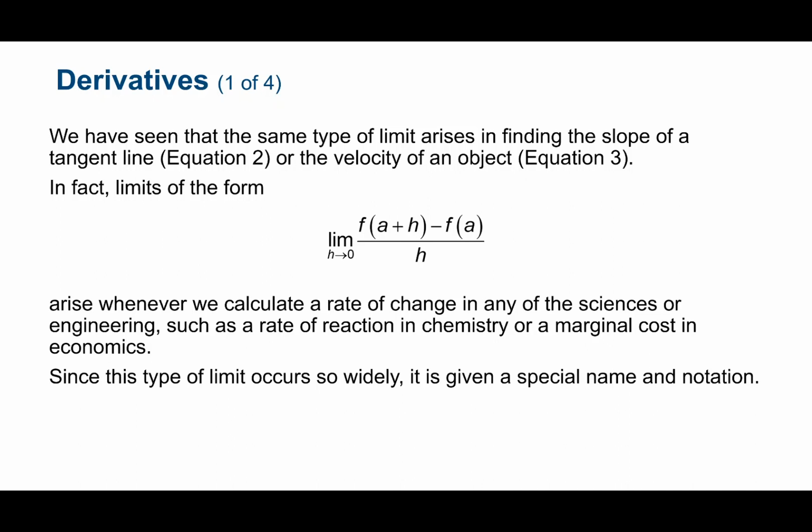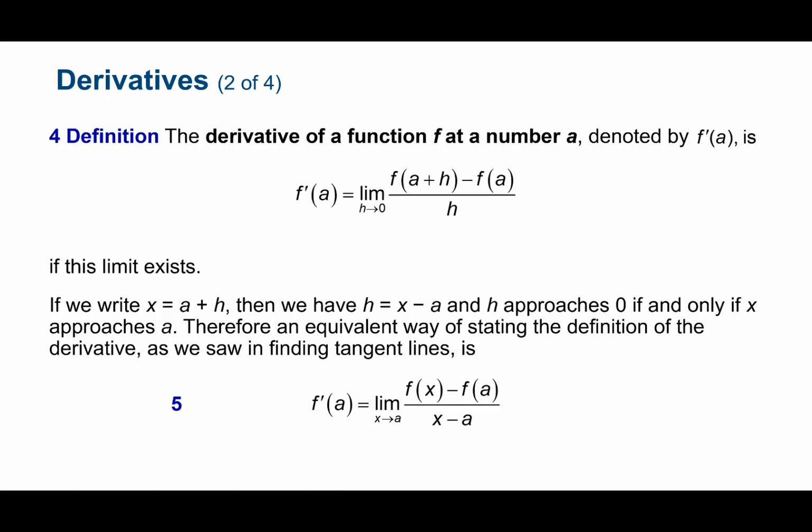Since this pops up so often, we give this kind of limit a name and a notation. If we're talking about that limit of a function f, then we say this is the derivative of function f at a. And a is just some number; it will be some x value.